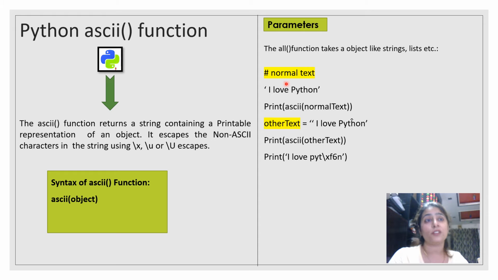First is normal text, meaning plain text. Like I have written I love Python. So I am printing it, print ascii normal text. So it will give me output like this only, I love Python. Now there is other text. Like I have written here I love Python.